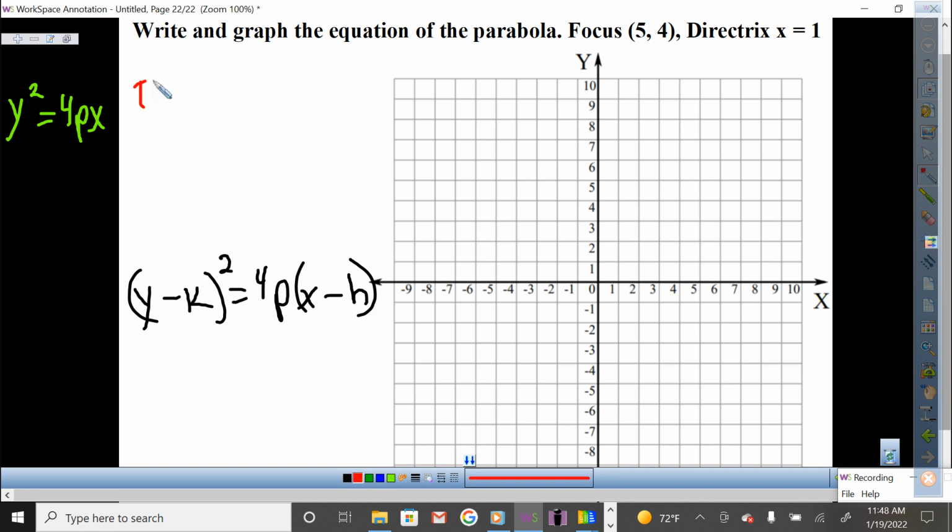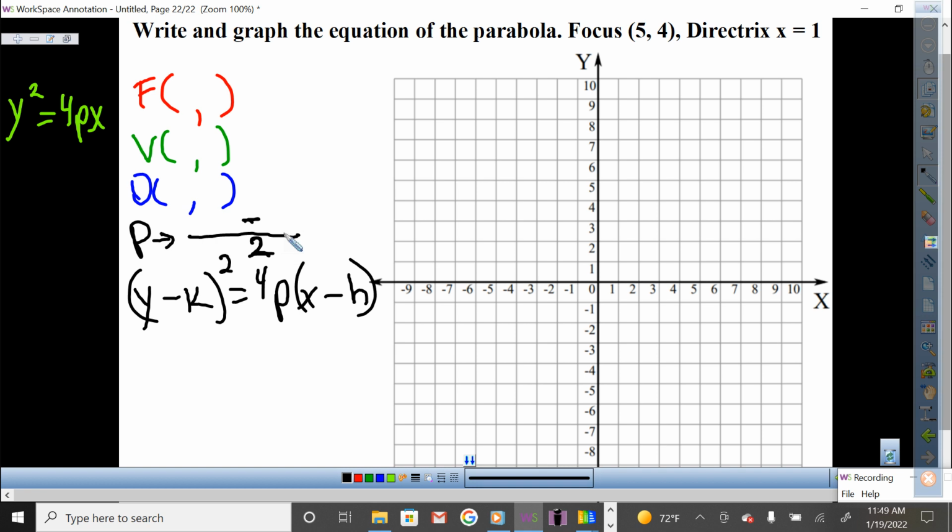All right? Focus, vertex, directrix. Once again, we still need to find the distance between the points. Divide by 2. That's how we get our distance.